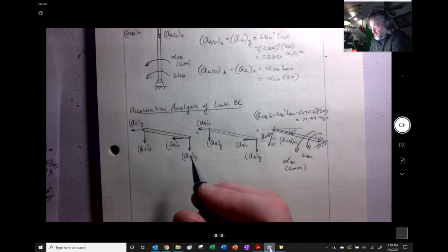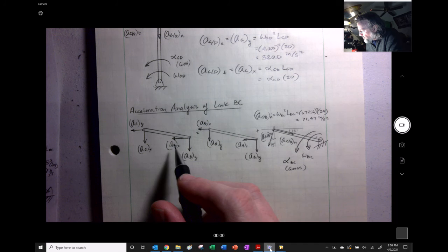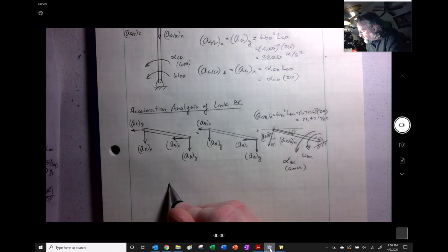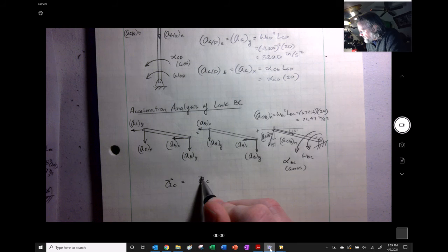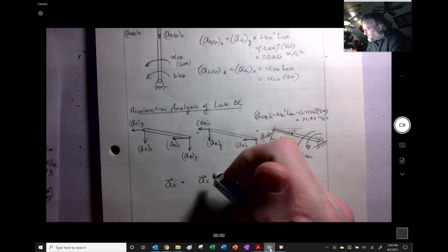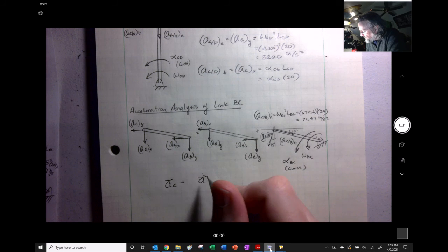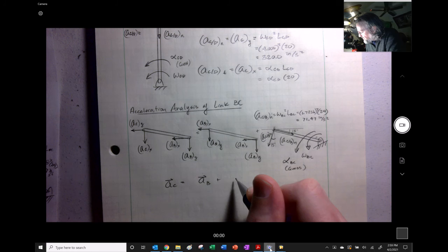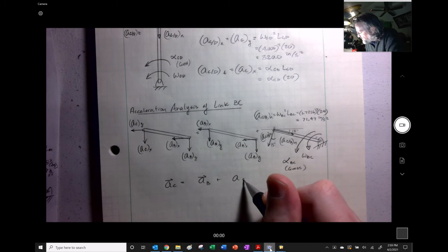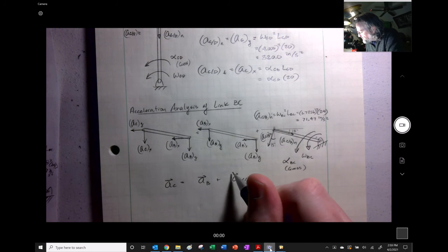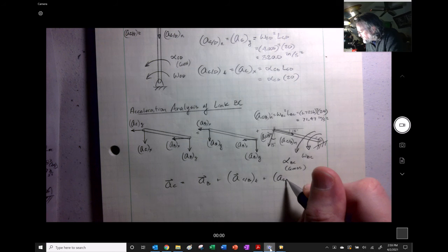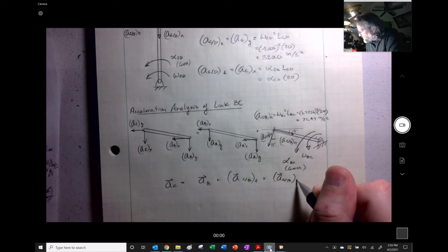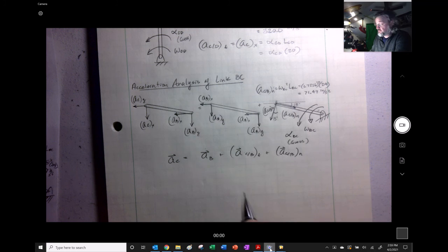Okay, so let me write out the equation that we're describing right up here. We're going to say that the acceleration of C is going to be equal to the acceleration of B plus the acceleration of C with respect to B tangentially, and the acceleration of C with respect to B in the normal direction.